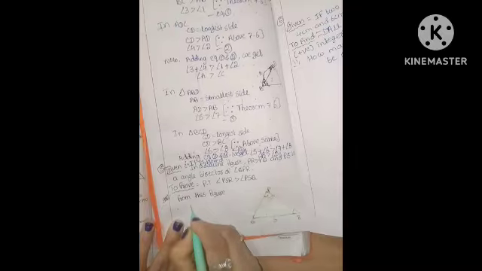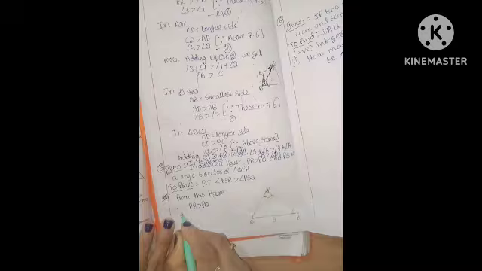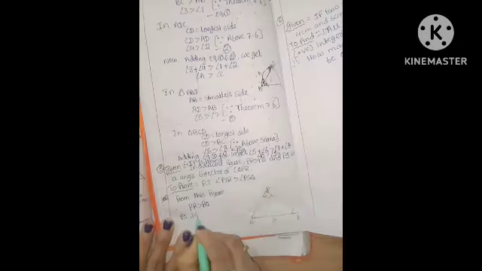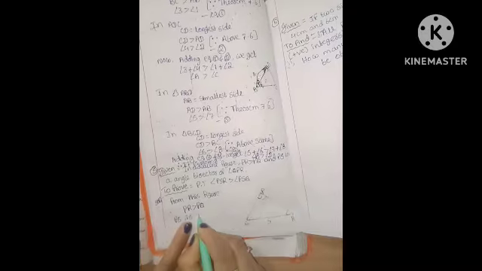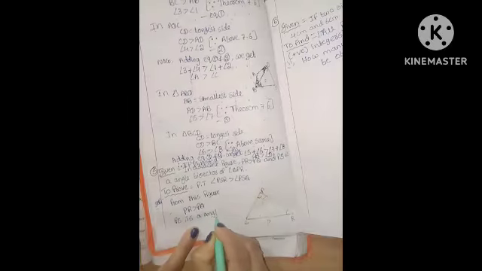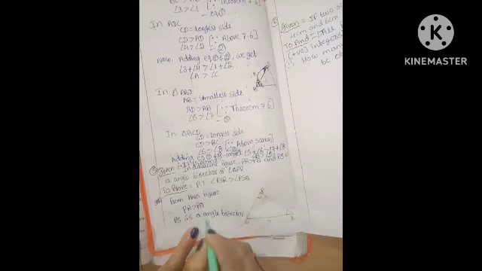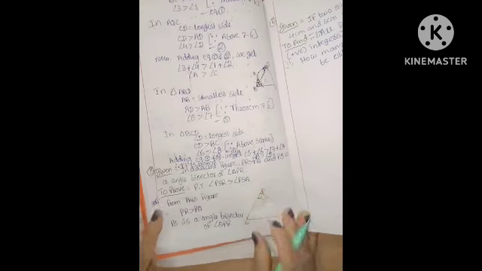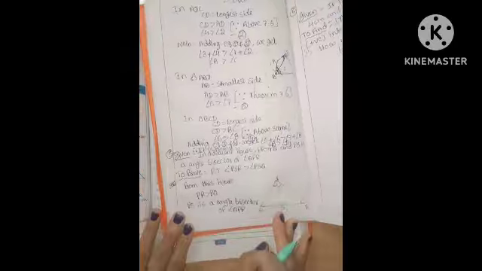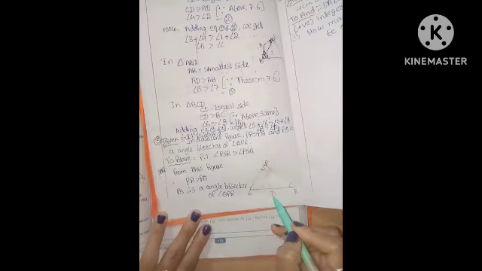PR is greater than PQ, and PS is the angle bisector of angle QPR. This is given in this problem.